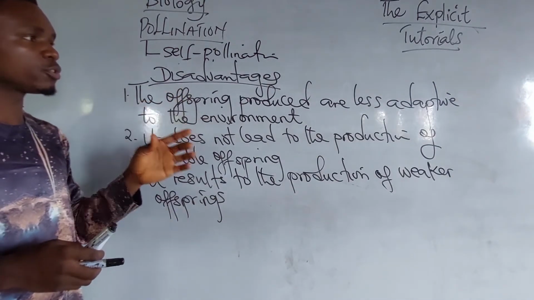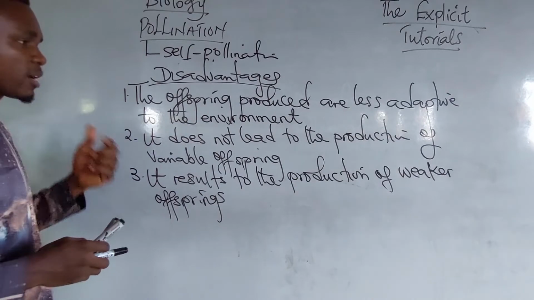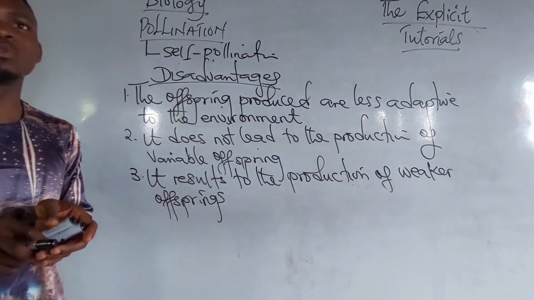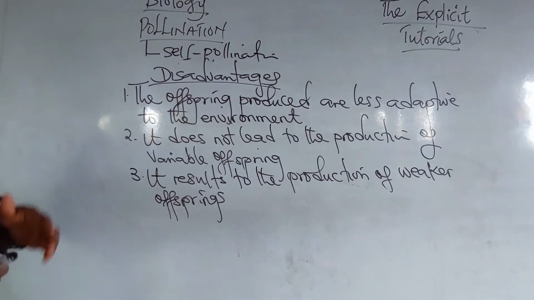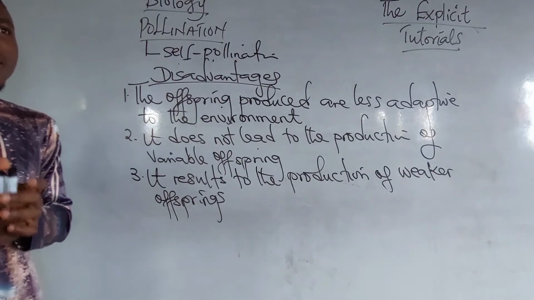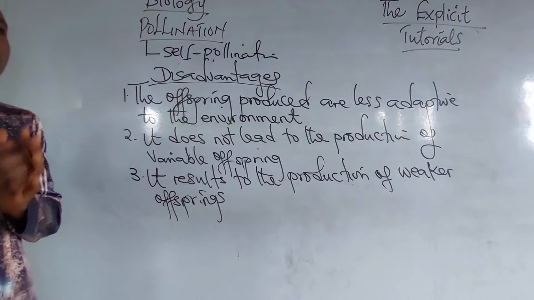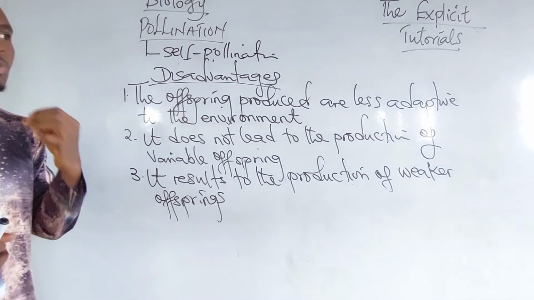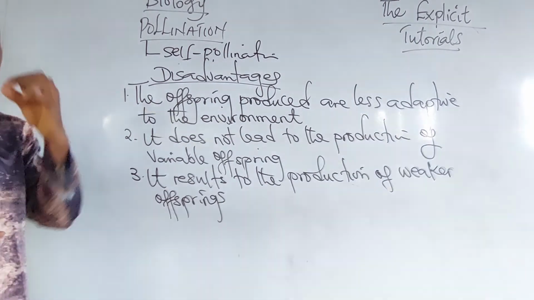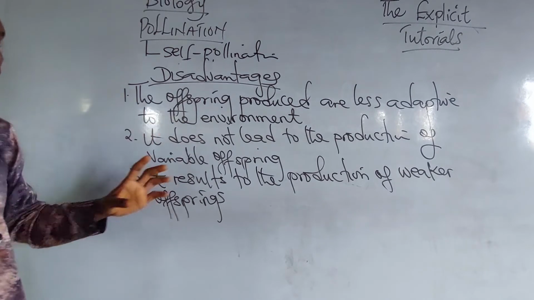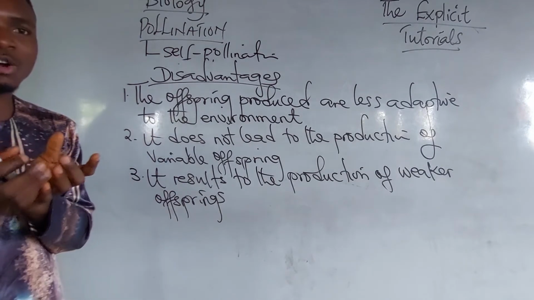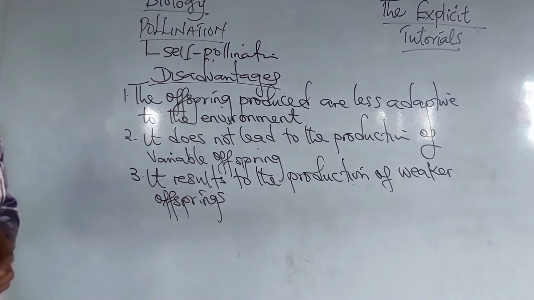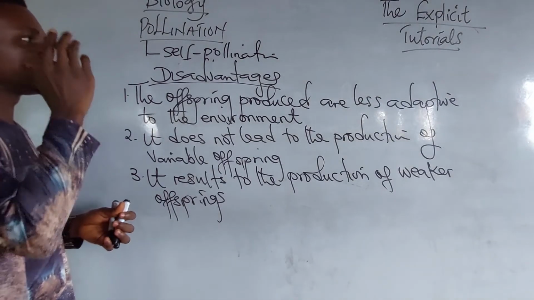The offspring produced are less adaptive to the environment. That is, they won't be able to tolerate extreme changes in their environment. Adaptation means the process whereby an organism possesses certain features which give it the ability to adapt to the environment, or withstand or tolerate the extreme changes in the environment.